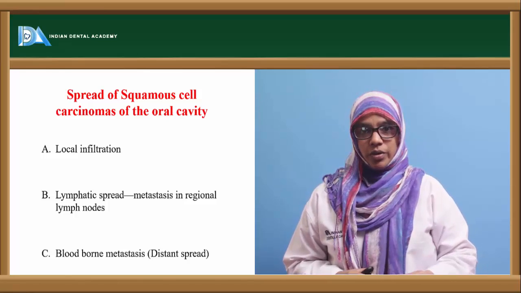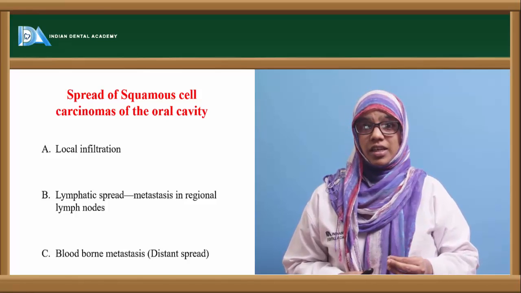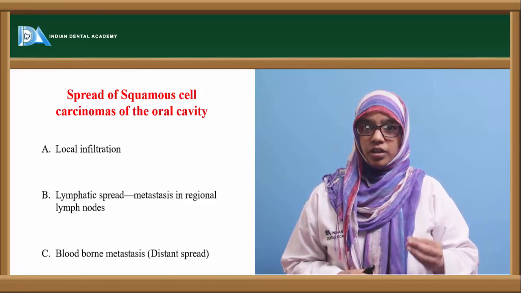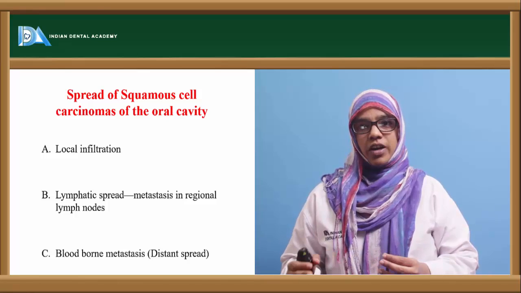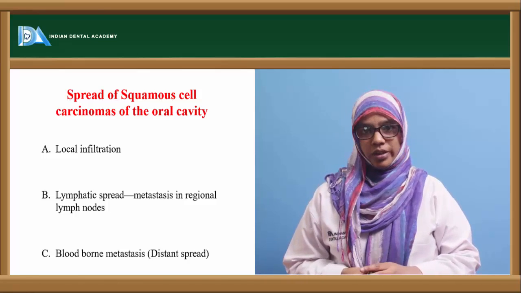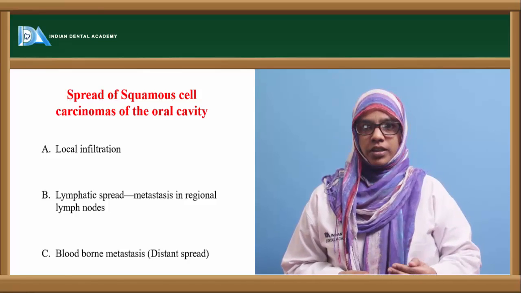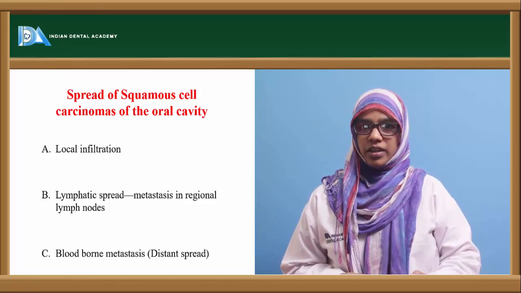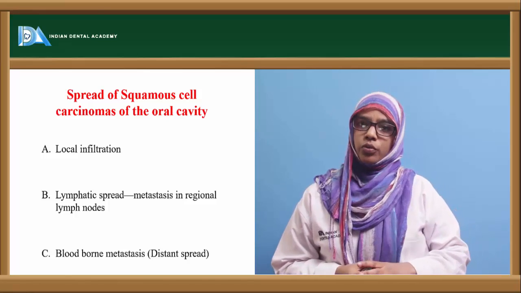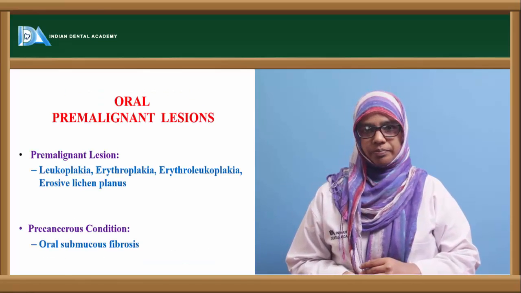So, lymphatic spread can take place, and the tumor can metastasize. If a tumor involves a lymphatic channel, the regional lymph node can also get affected. Now, the third is the spread of the tumor through the bloodstream. That is the distant spread, that is, tumor emboli can spread through the blood to distant parts of the body.